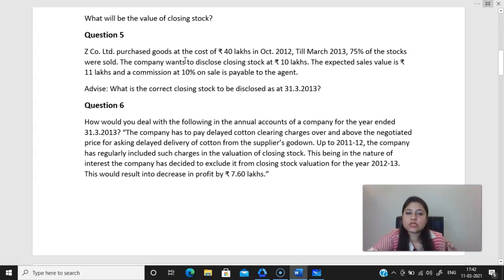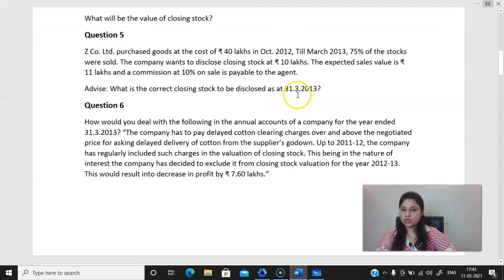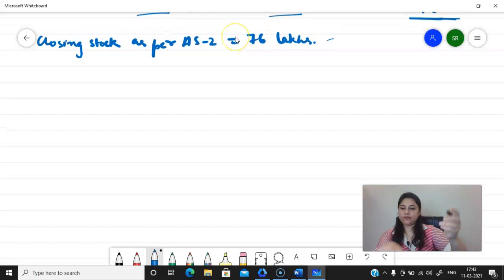So let us first ascertain the NRV and then decide what would be the correct closing stock of Z Company Limited as at 31st March 2013. So coming to the solution for question number 5.